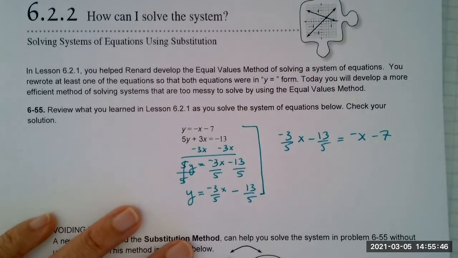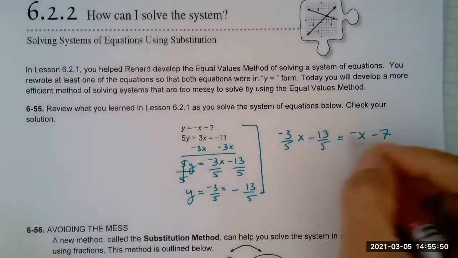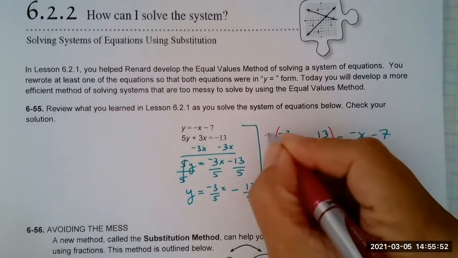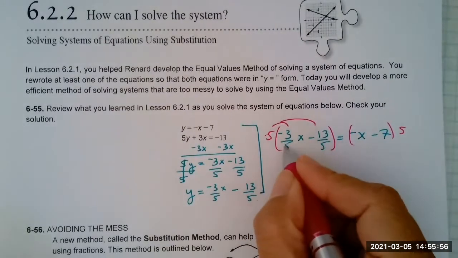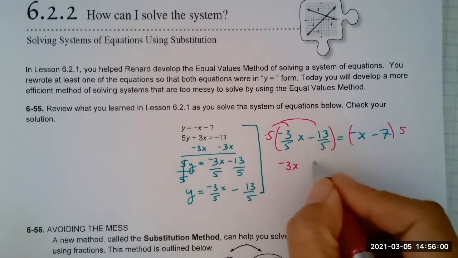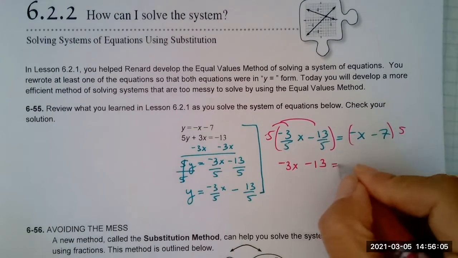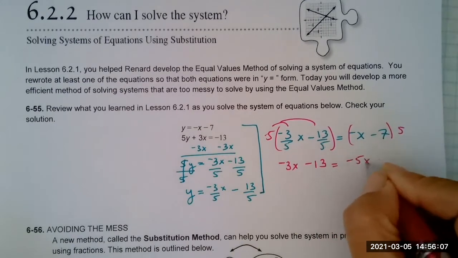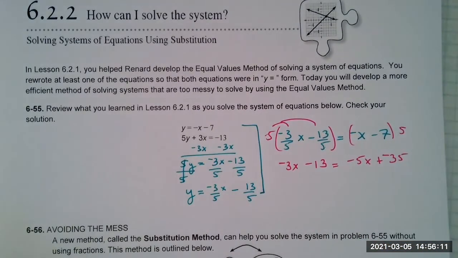I can solve this. We've done this before. The way we do that is we fraction bust it. So we're going to multiply this side by 5 and this side by 5. So this goes away and becomes negative 3x. This goes away and becomes 13. And then if I distribute the other side, it's going to be negative 5x, and that's still going to stay negative, negative 35.